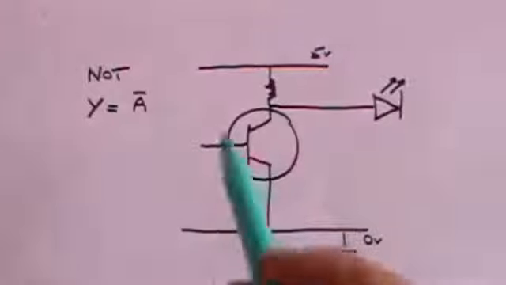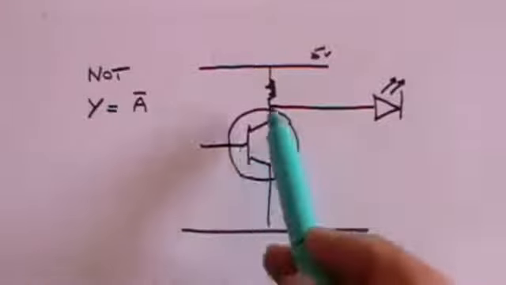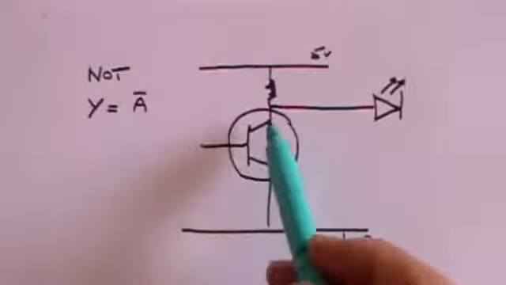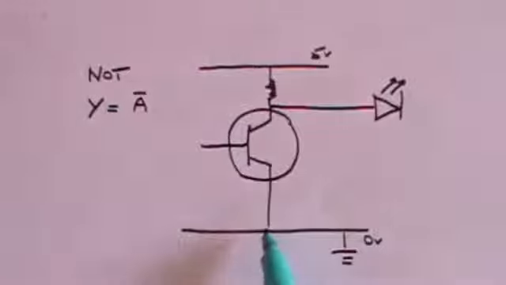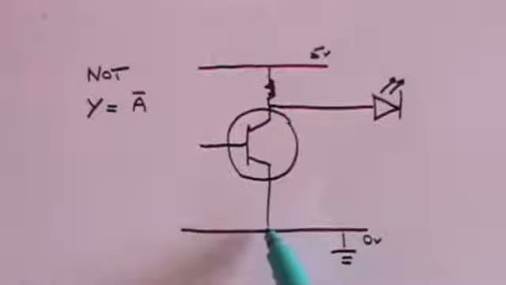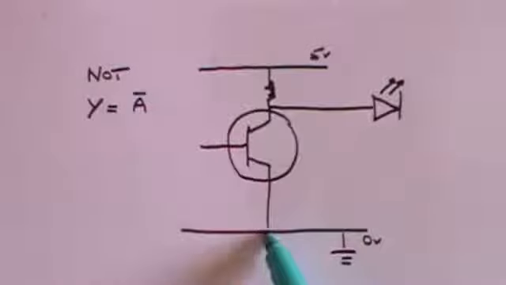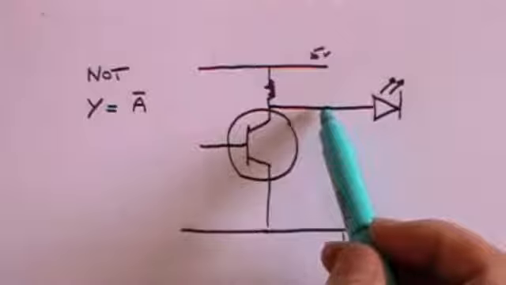Now let's look at it the other way. Suppose there is a voltage coming in. Well, if there's a voltage coming in, then this switch closes and a current can now flow through the transistor. And if a current flows through the transistor, then since this point is 0 volts, this point also will be 0 volts.